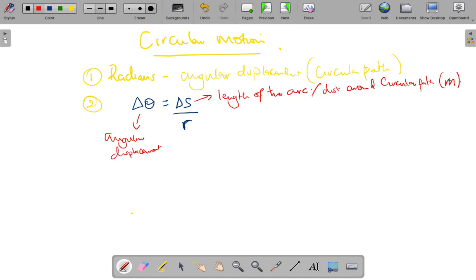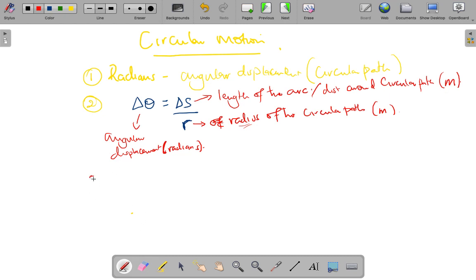The angle is measured in radians. And r is the radius of the circle or of the circular path. Since it is radius, it is also measured in meters. So basically, this is the first thing you need to know about circular motion.